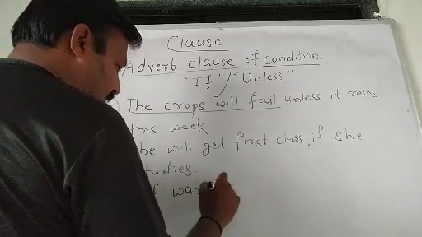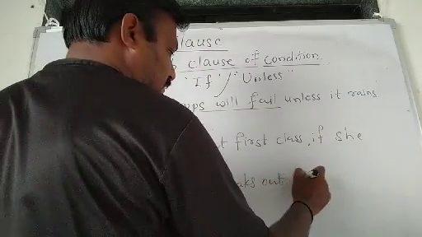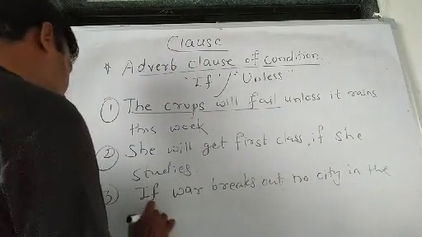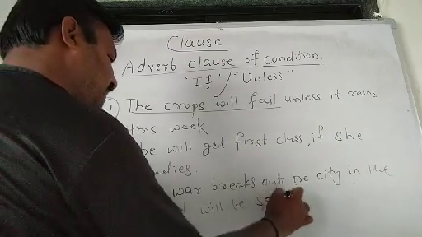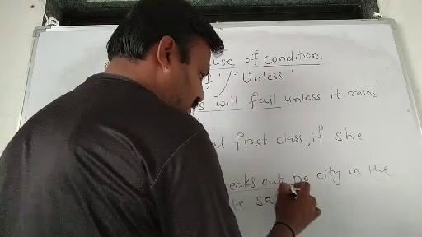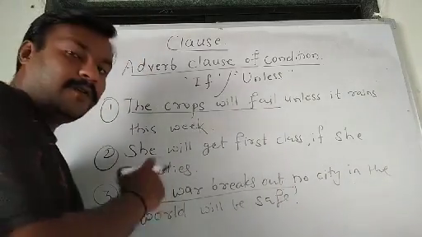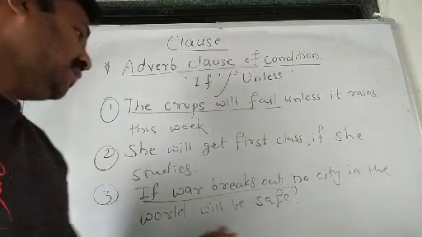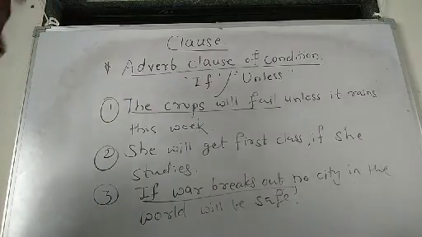If war breaks out, no city in the world will be safe. If war breaks out, this is our subordinate clause, there is condition. No city in the world will be safe, this is our main clause. So next type of clause we will discuss.